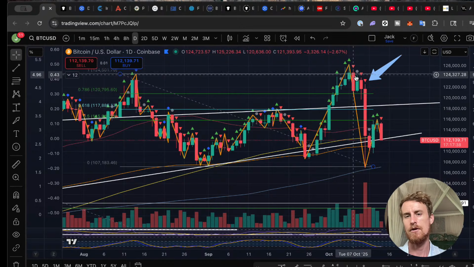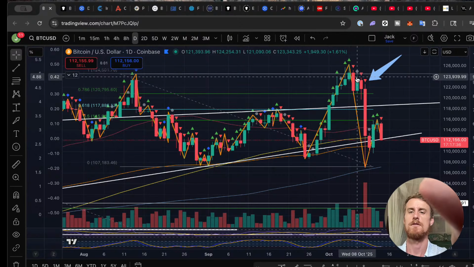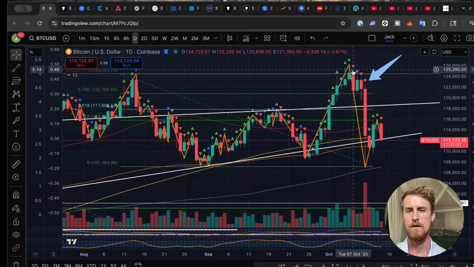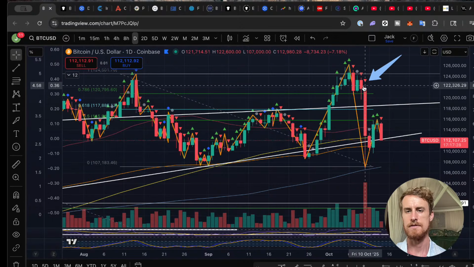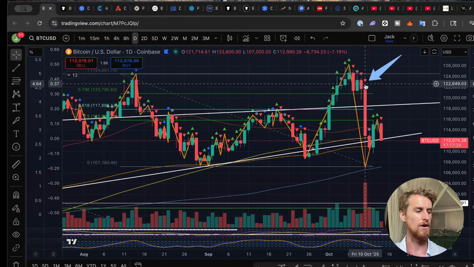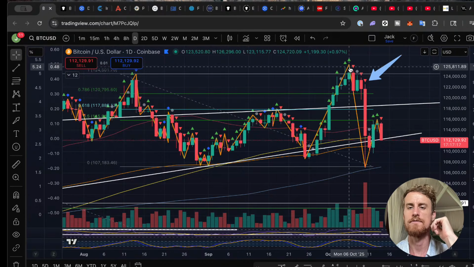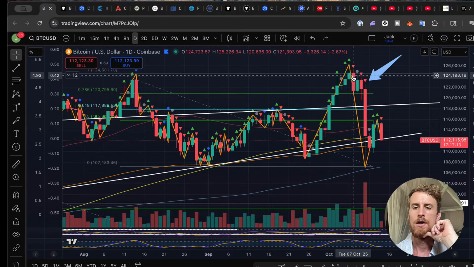So these red arrows are based on, I believe, the Gann swing indicator. I'm not an expert on it, but these 3 red arrows have been a very powerful indicator in the past when it happens directly after a peak or an all-time high, especially an all-time high.